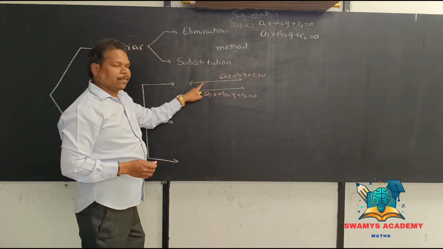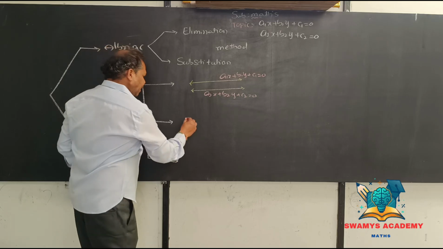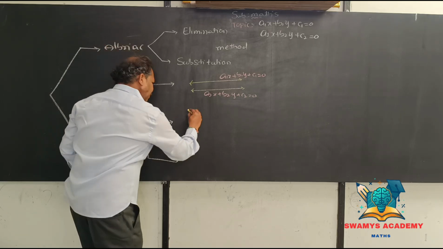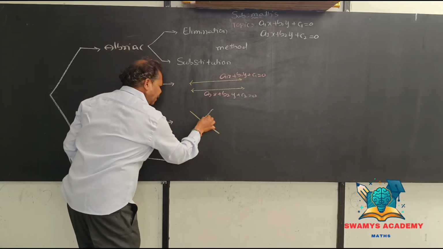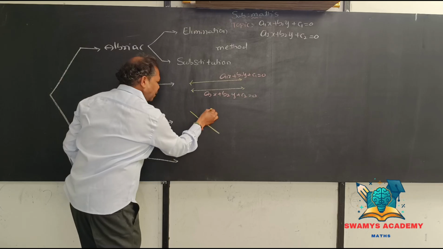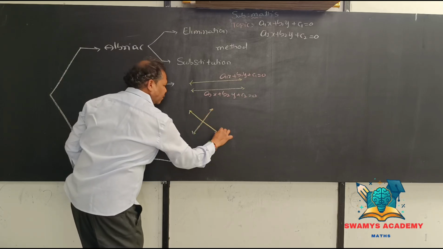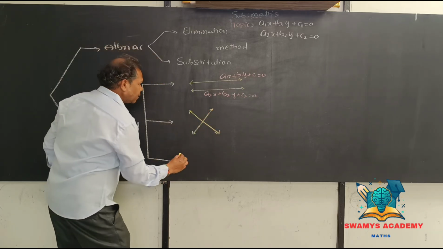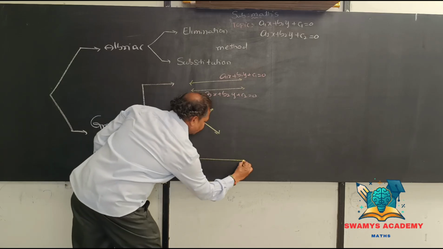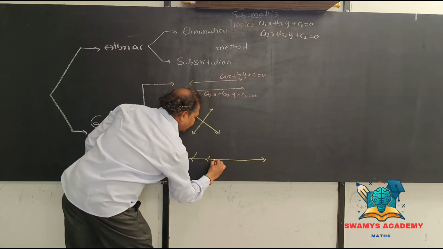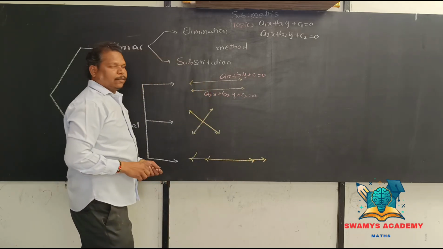So the first case is parallel. The second case is intersecting at one point. The third case is coincident.